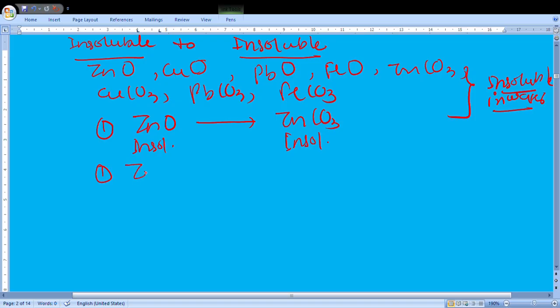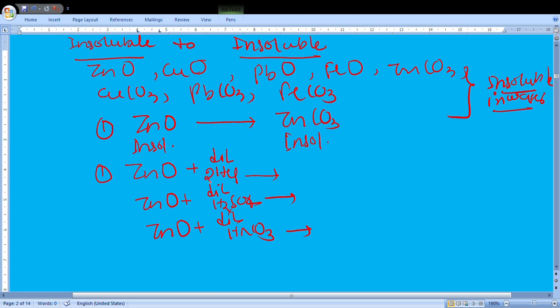To dissolve ZnO, it will be treated either with HCl, H2SO4, or dilute HNO3. Any one acid can be taken to form salt and water.